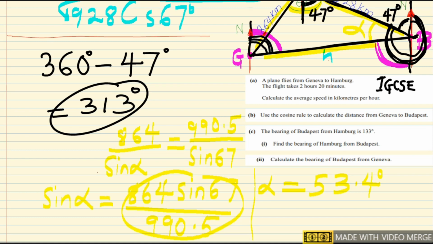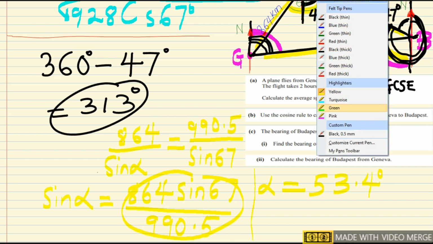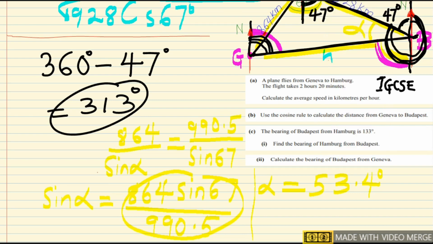Having done that, we can simply say that the required bearing, which is this part down here, is 180 degrees, of course, this is a straight line down on the left side, 180 minus the sum of 47 degrees up there, plus the one we just found now, 53.4.